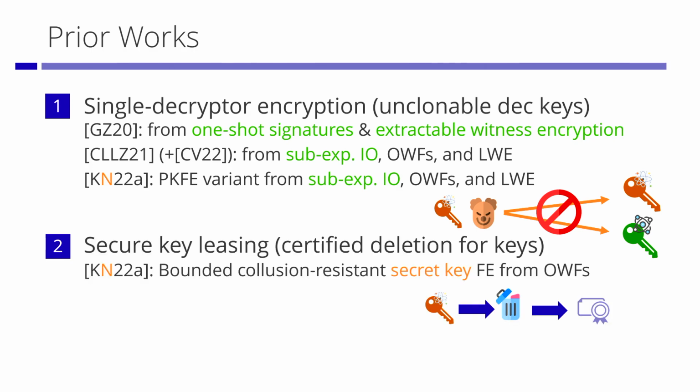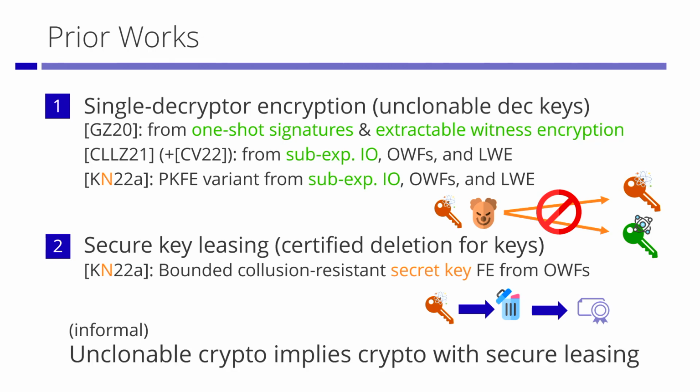In secure key leasing, Kitagawa and myself introduced the notion of secret key functional encryption with secure key leasing and achieve a bounded collision-resistant scheme from one-way function. And in general, unclonable cryptography implies cryptography with secure leasing. So single decryptor encryption implies public key encryption with secure key leasing, which can be achieved by post-quantum indistinguishability obfuscation.